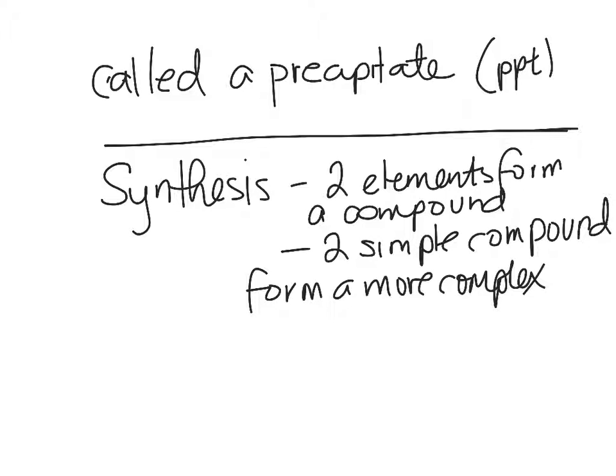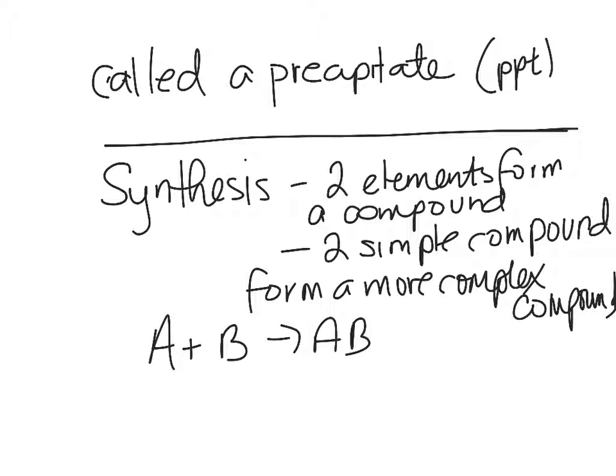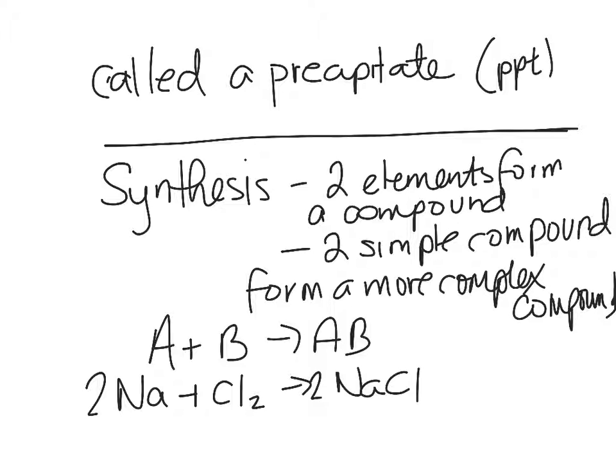It doesn't have to be just two elements. The general formula is A plus B makes AB. Sodium plus chlorine makes sodium chloride. You've got two elements making a compound.